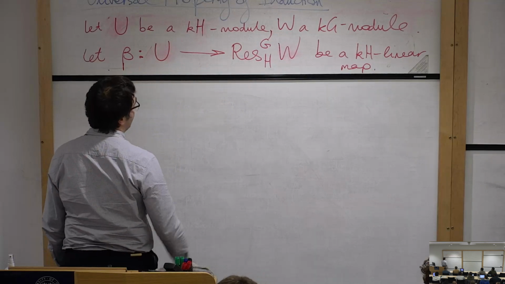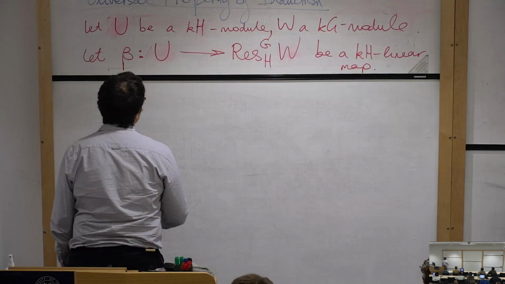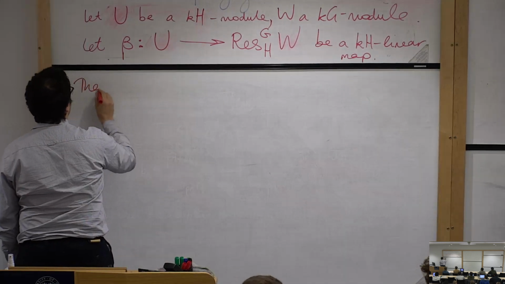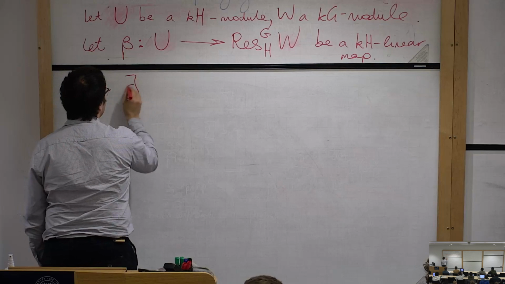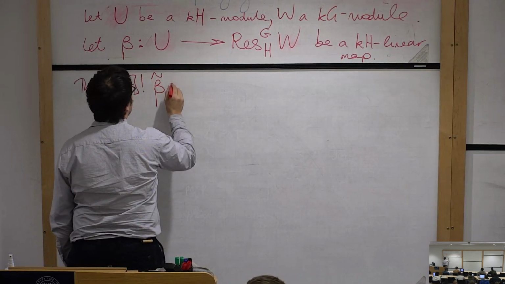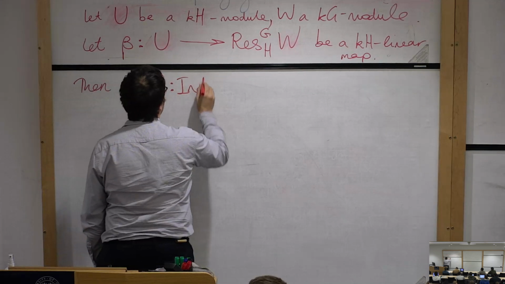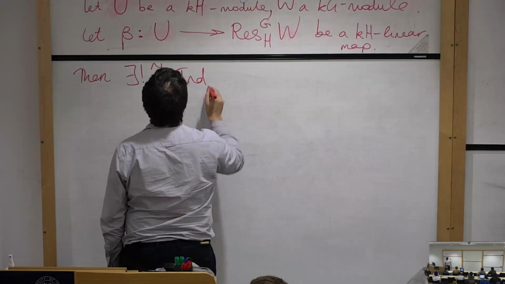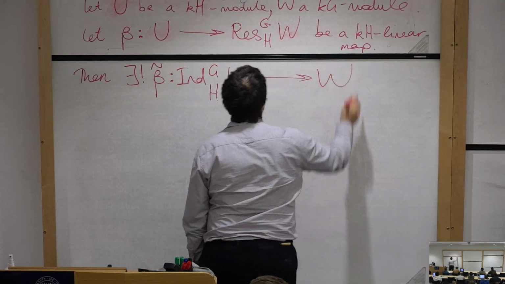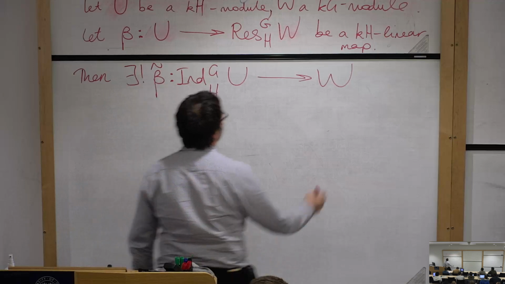So how? Let me just do the construction. Then there exists a unique beta tilde going from the induction from H to G of U to W, kG linear.